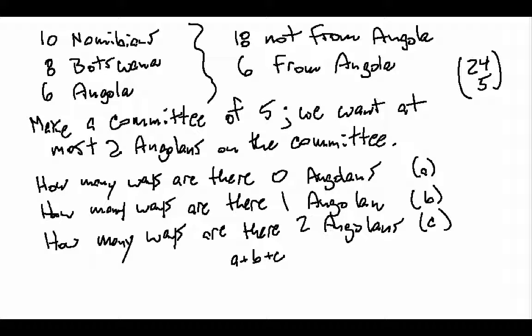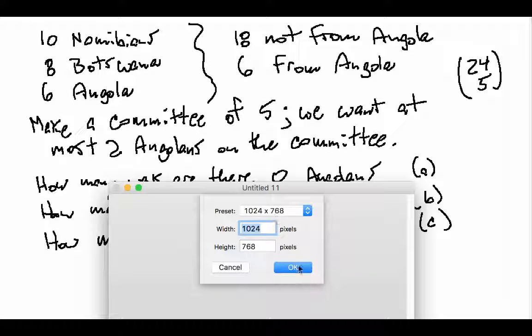Okay. But let us open up one more screen here. So we have 18 non-Angolans. And we have 6 Angolans. And we're making a committee of 5.